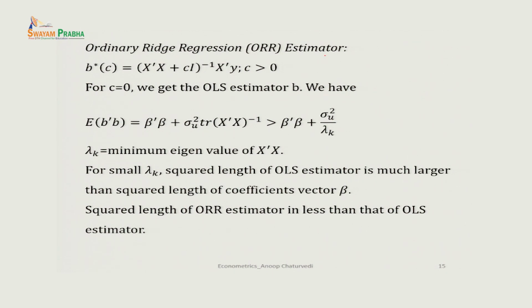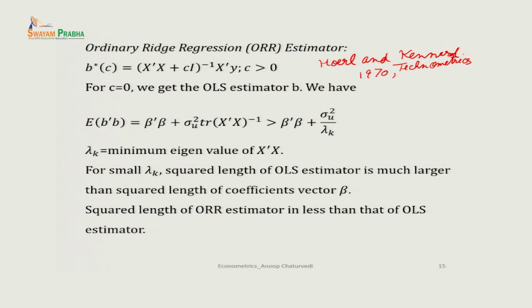This estimator was proposed by Hoerl and Kennard in 1970. They published 2 papers in Technometrics.